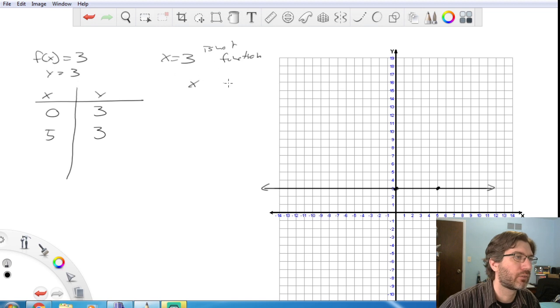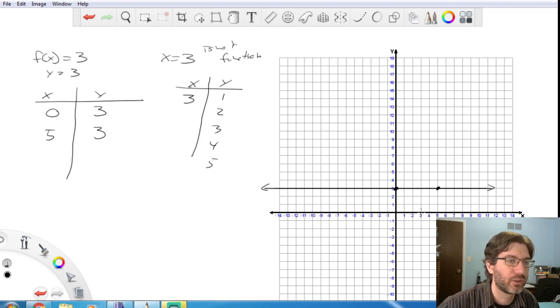So I can only put in one value for x, which is 3. And I will get out any value I want for y, because there is no y in the equation. So y would equal 1, 2, 3, 4, 5, and so on. And that would give you a vertical line, which is going to be on this point here.